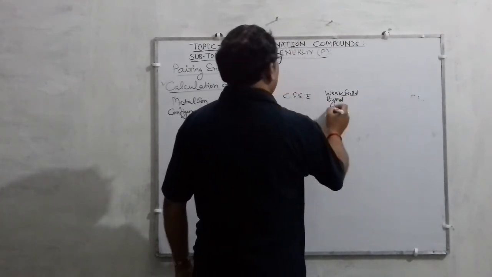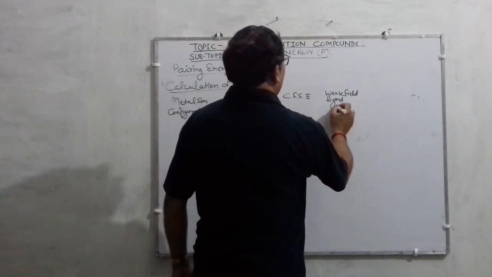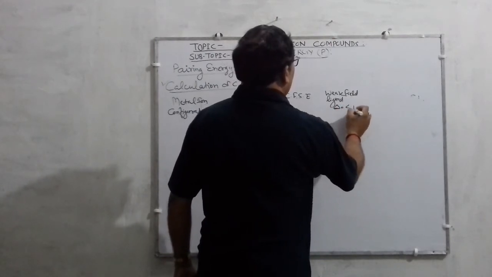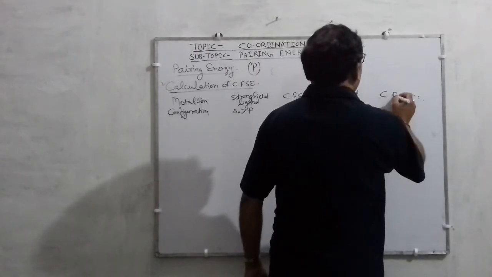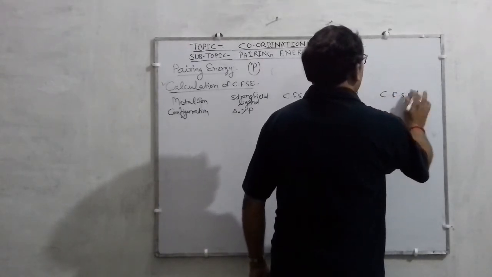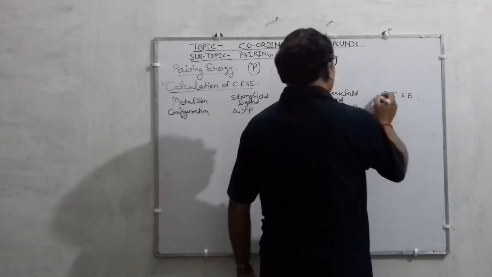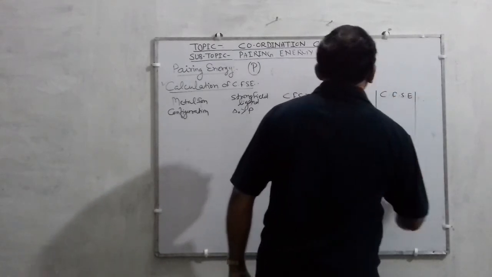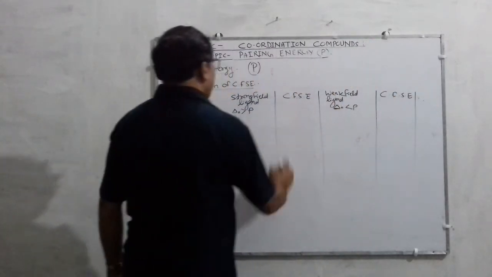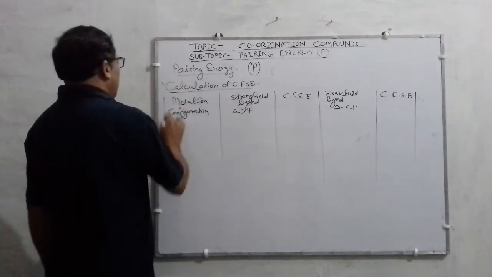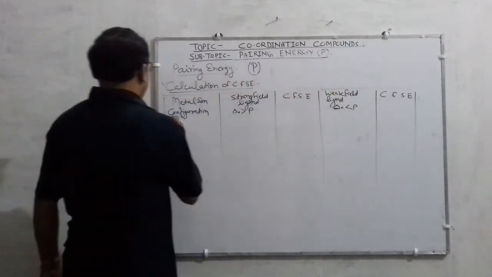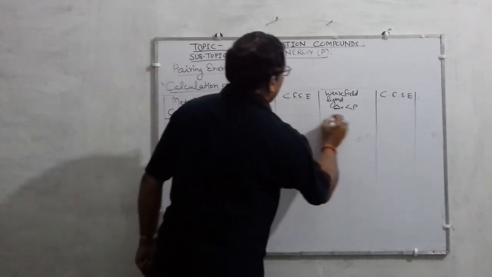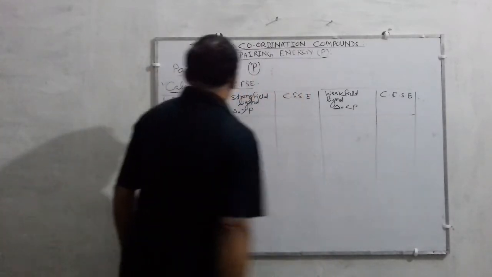And for weak field ligand, the value of Δ octahedral is what? Less than P. And the last column will be the calculation of CFSE for weak field ligand. So we have to make such columns that will make it easier for us to explain the CFSE calculation.